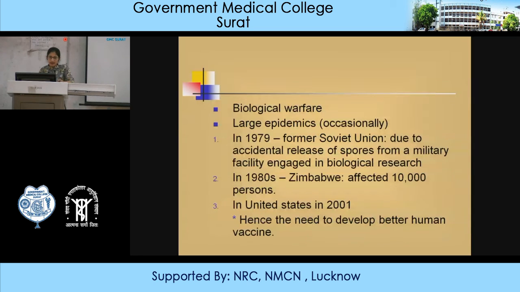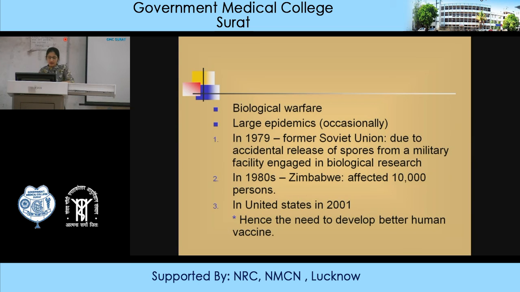As I said earlier, this bacillus is used as a biological weapon. Previously there have been some epidemics, and they may have involved use of Bacillus anthracis as a weapon.